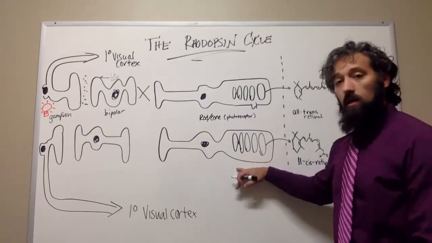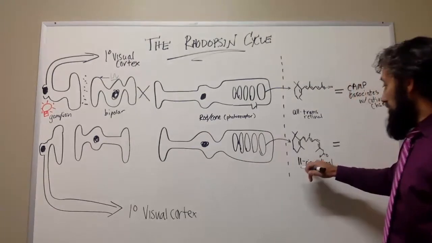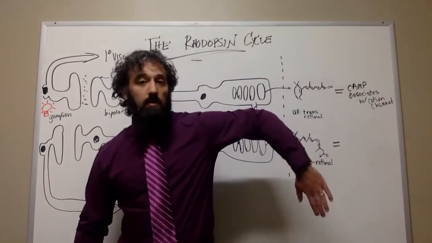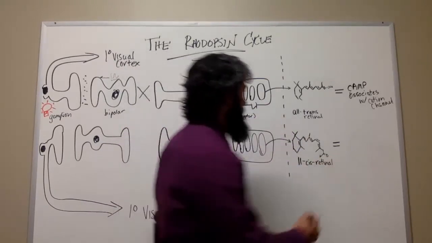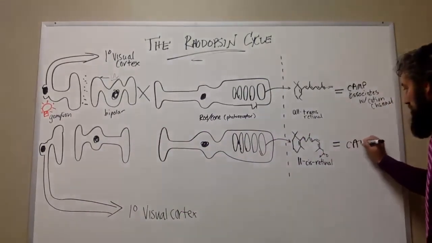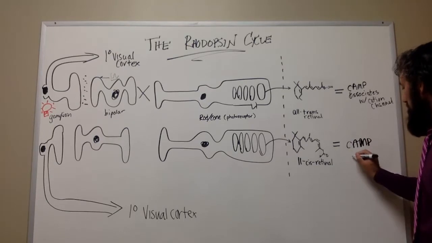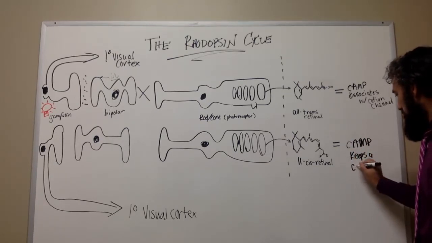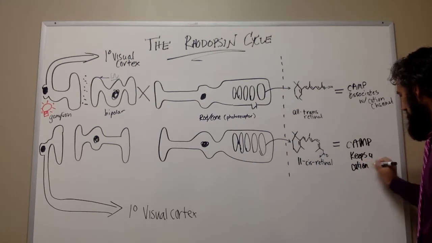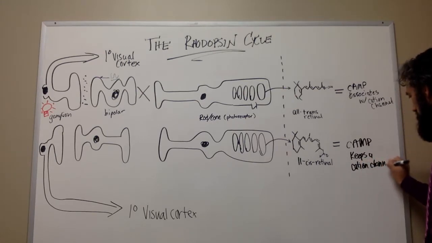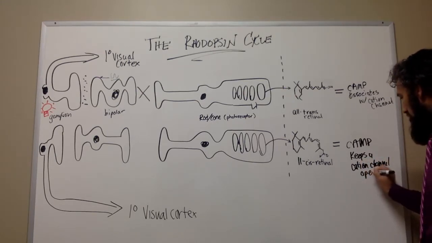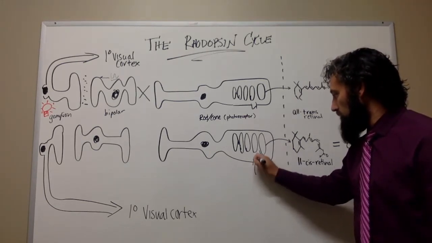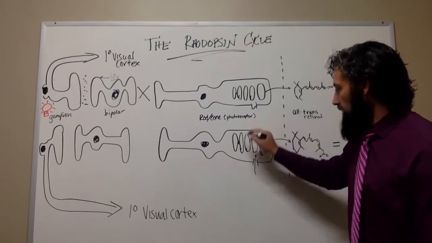In the dark, and when we have our retinol in 11-cis, that means there's going to be a cyclic AMP that keeps a cation channel open. And because of that, we have a depolarization in the photoreceptor.